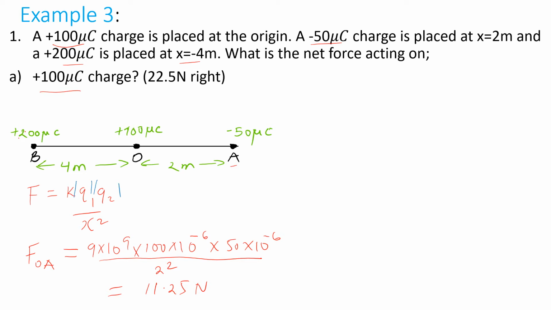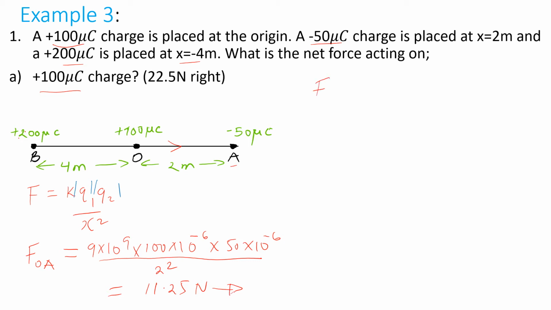But let's see the direction of the force that O experiences due to A. If O experiences an attractive force caused by A, it means that O is attracted by A, therefore O should go towards A. That is to the right, so the arrow is to the right.